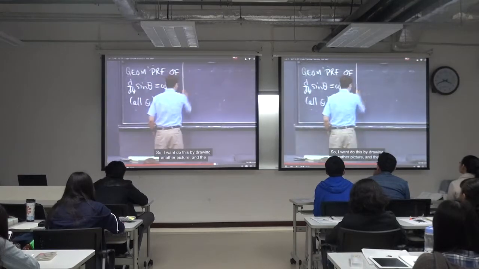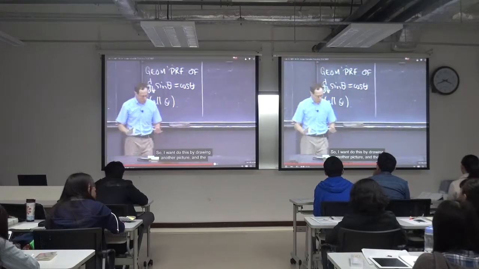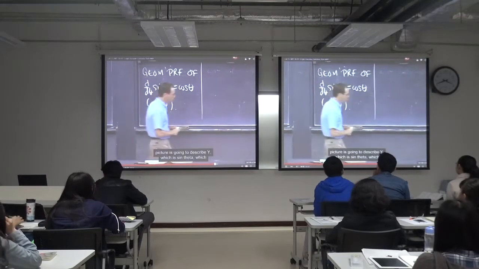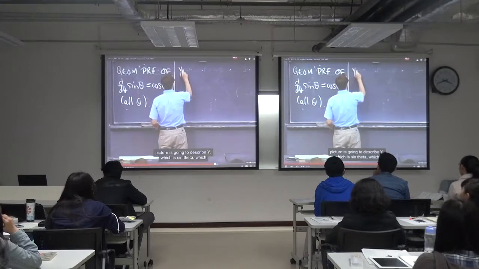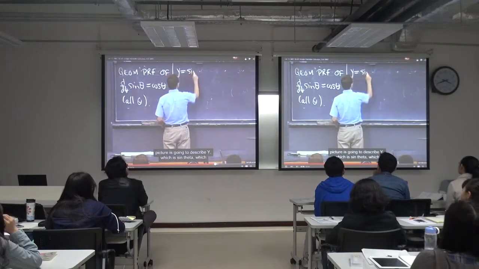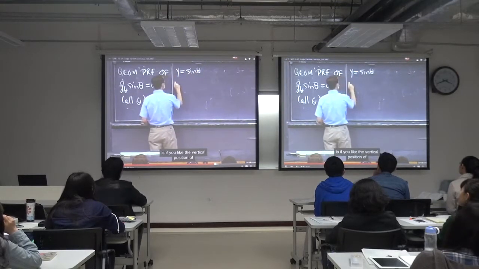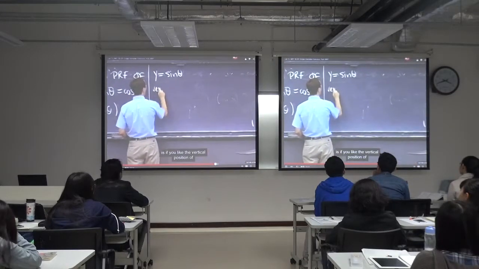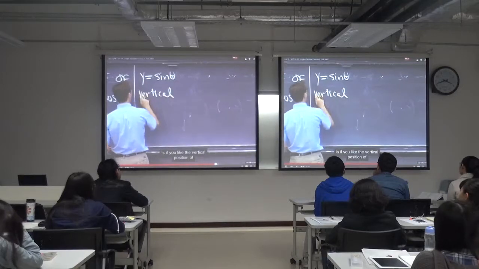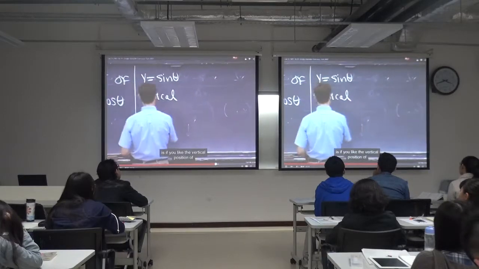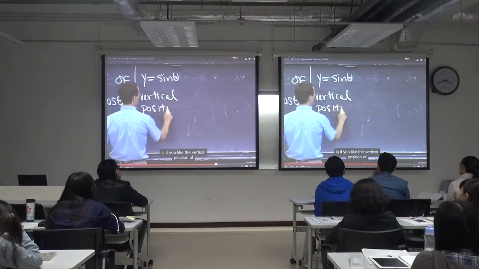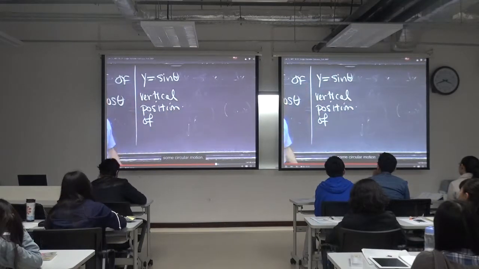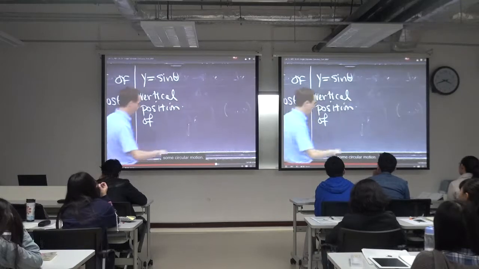So I want you to do this by drawing another picture. And the picture is going to describe y, which is sine theta, which is the vertical position of some circular motion.